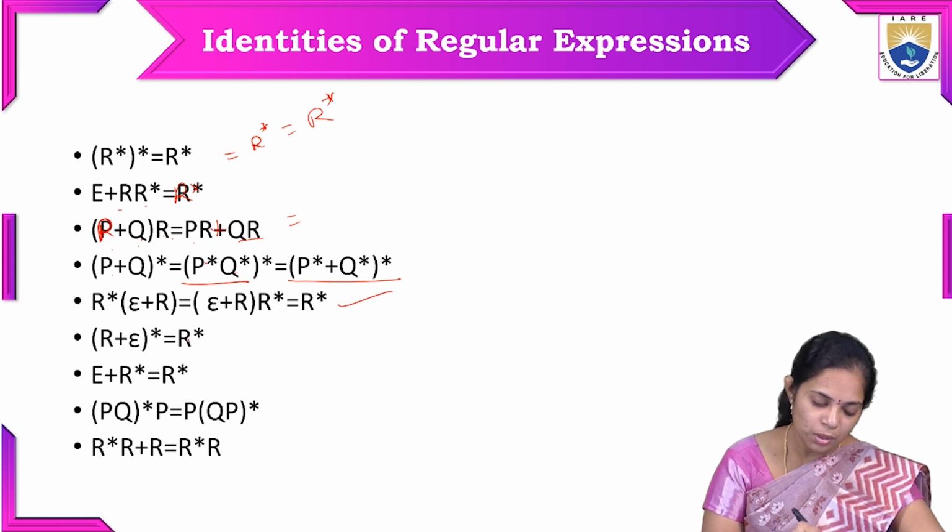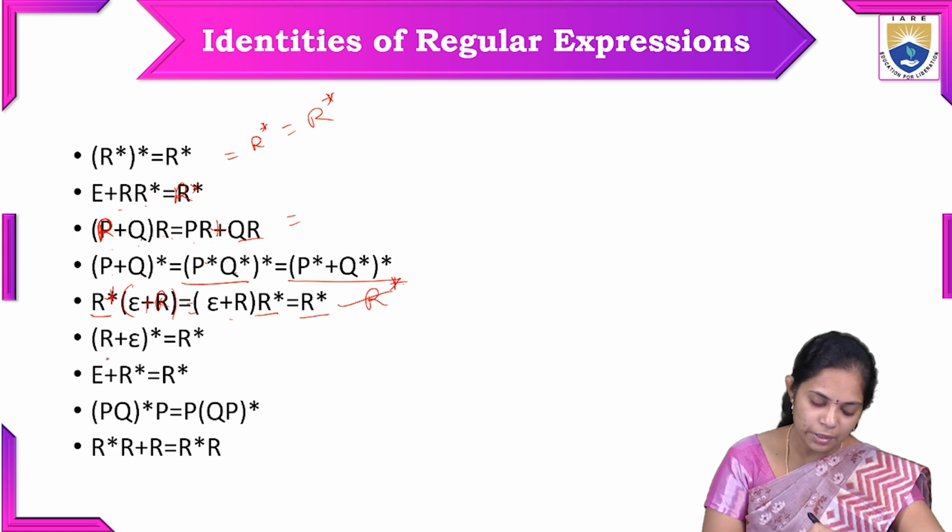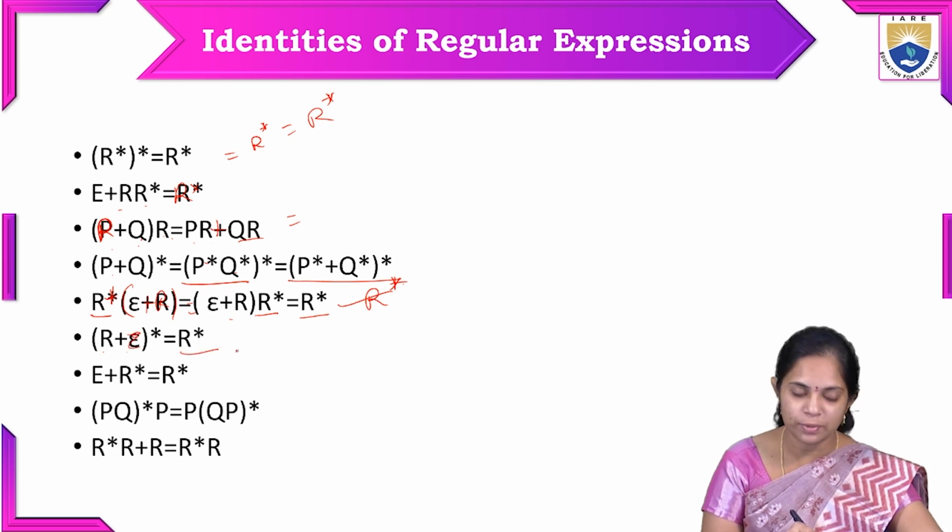And one more: R star epsilon plus R is equal to epsilon plus R of whole star, so either it is starting or ending, equal to R star. And here R plus epsilon of whole star, we will get the regular expression R star.